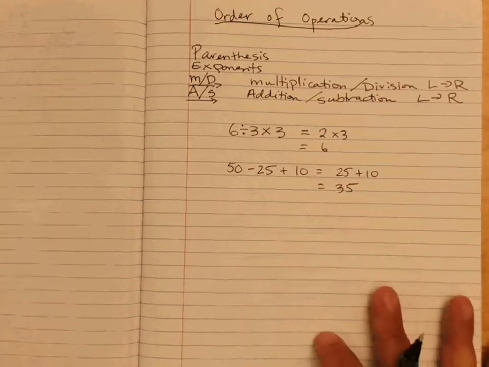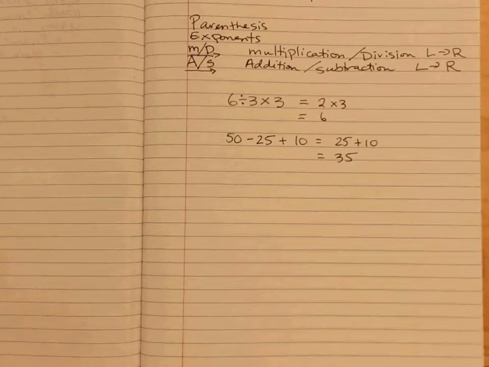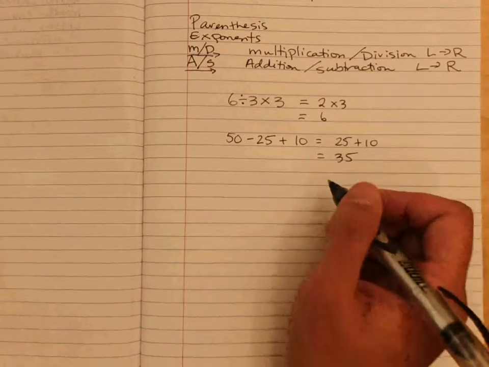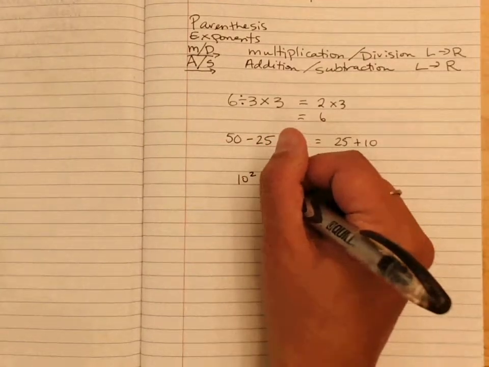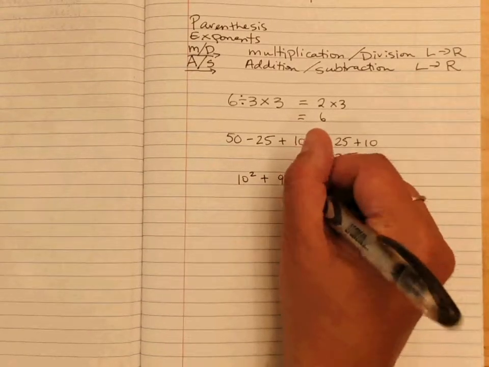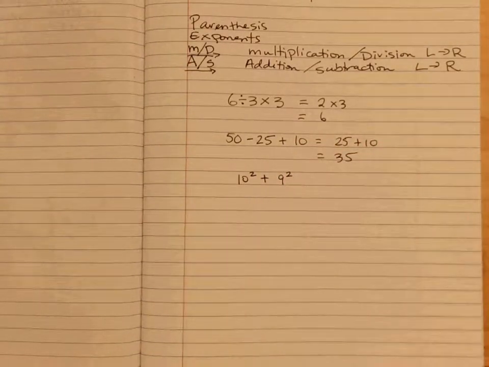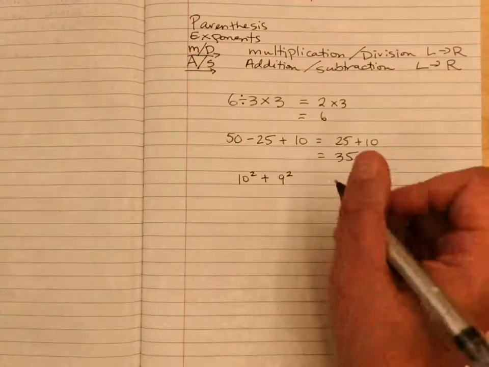Okay. Now, what about when we have parentheses? Let's use some that have parentheses and exponents involved. So 10 squared plus 9 squared. Okay. What would I do first? Are there any parentheses? No. Are there any exponents? I do the exponents first because that's what's coming next after parentheses.